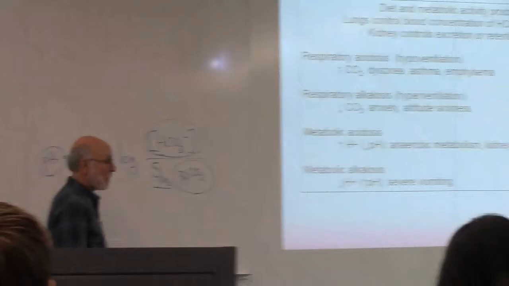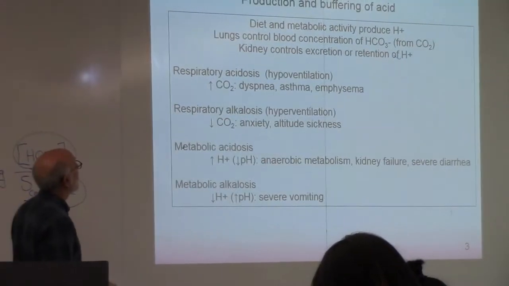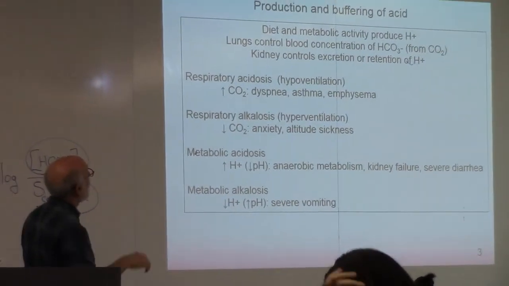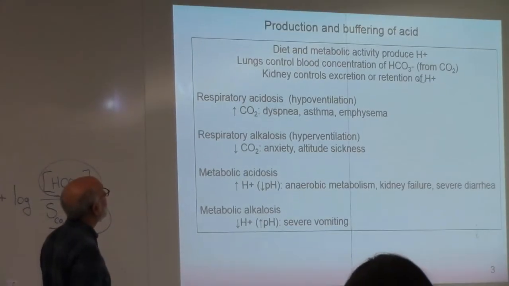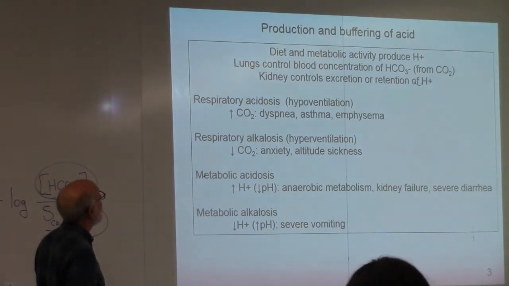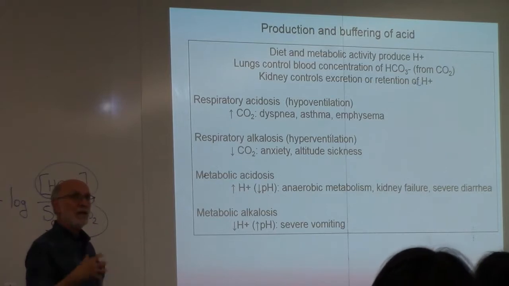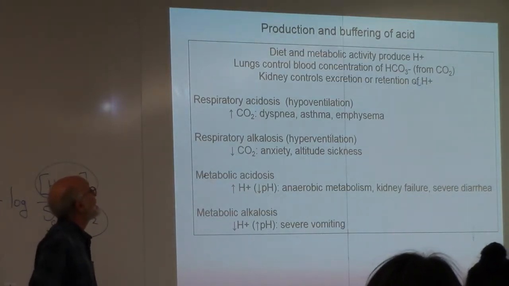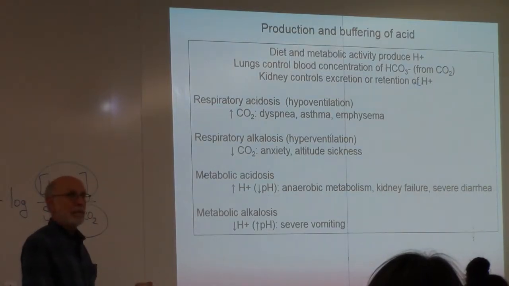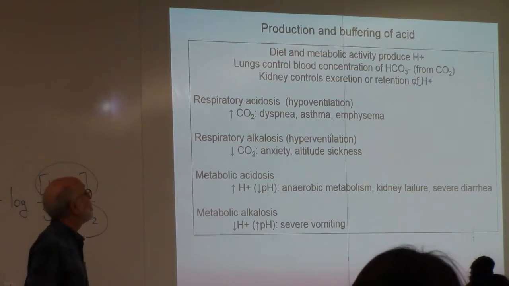So we've talked about some of these things. Production and buffering of acid. When you eat, when you digest, you produce acid. Your respiratory system controls the arterial concentration of CO2.